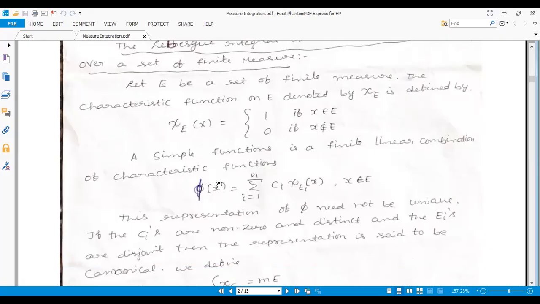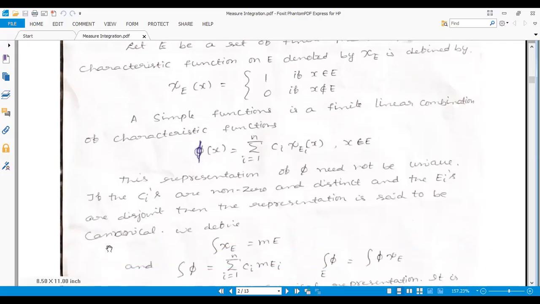You must remember, if the c_i's are non-zero and distinct and the E_i's are disjoint, then the representation is said to be the canonical representation.